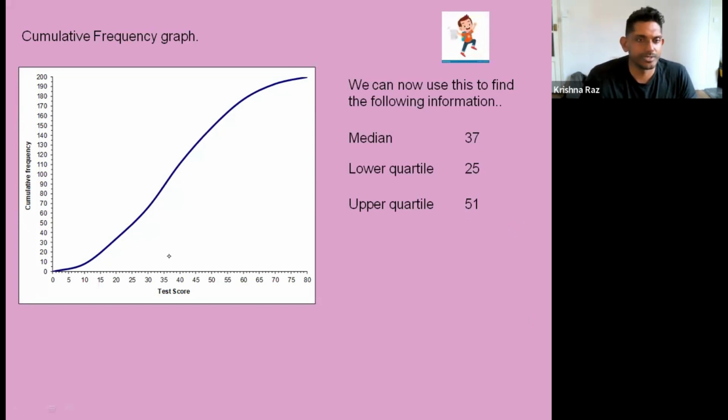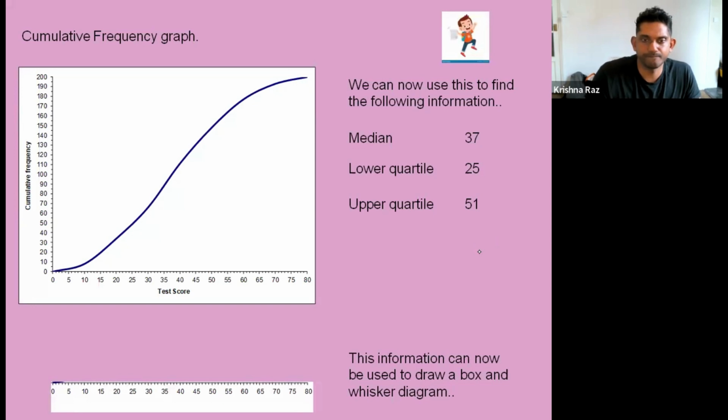So what we can notice here is I can draw an axis directly below, which I will use these values and the highest and lowest values as well to draw my box and whisker diagram.